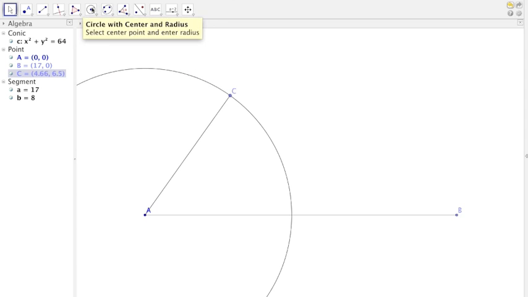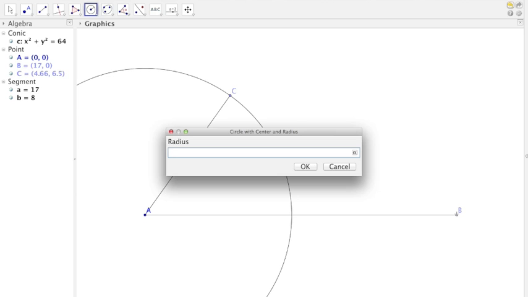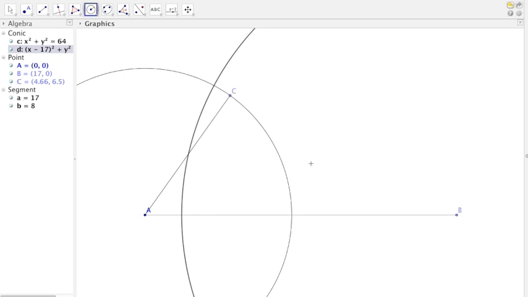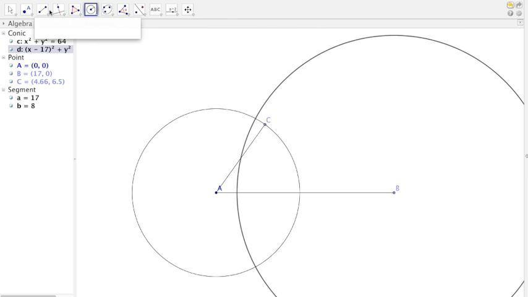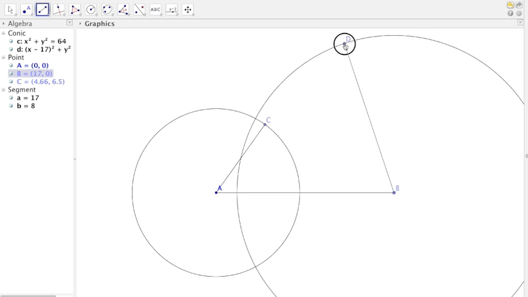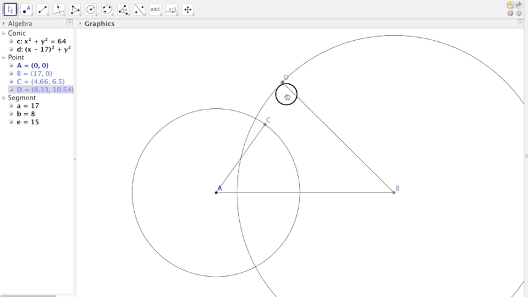Likewise, from the opposite point, point B, I'm going to create a circle with a radius of 15. If we zoom out a little bit, we've got a radius of 15, and any segment that's connected to that circle is going to have a length of 15.